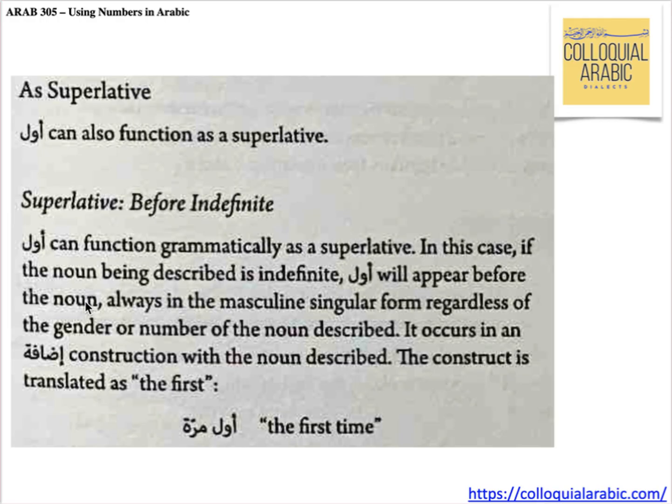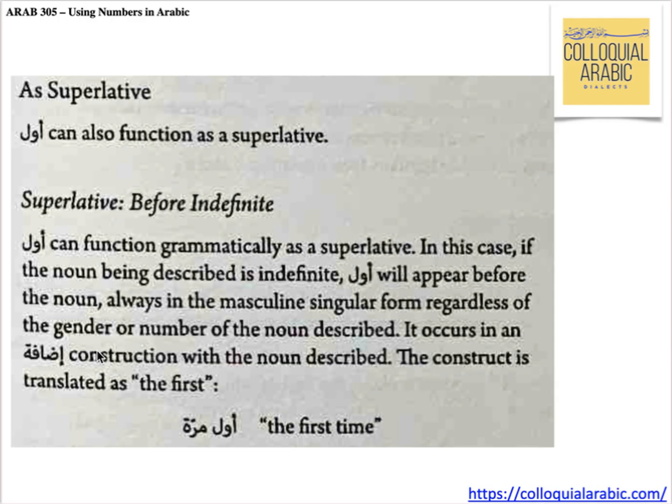This is the first time that it appears before the noun, whereas in the cardinal form for emphasis it was also before the noun. And it's always in masculine singular form, awwal, regardless of the gender, number, or noun described. So there is no matching required in gender or number.